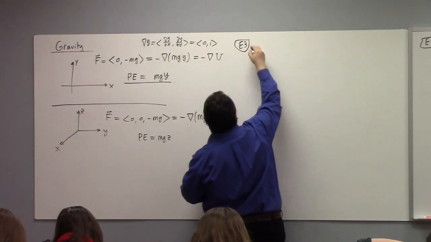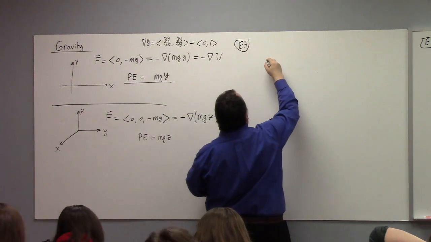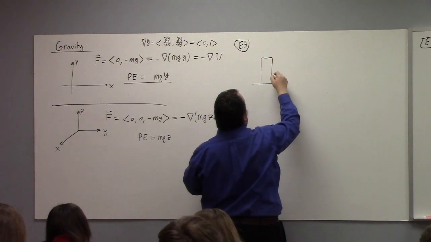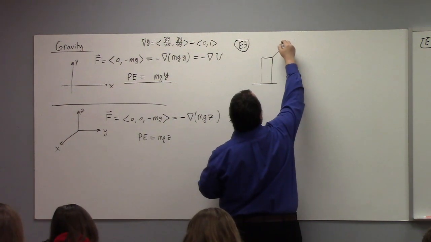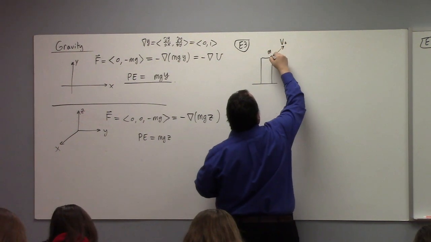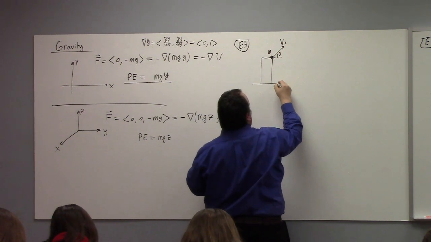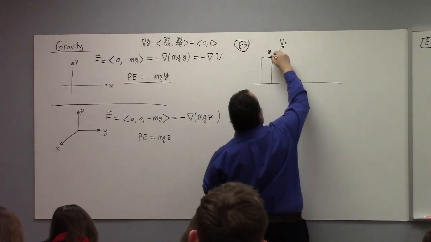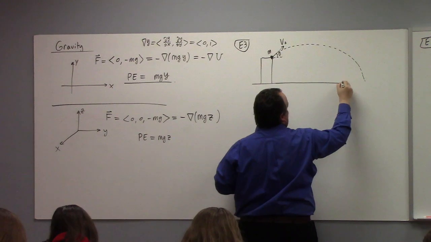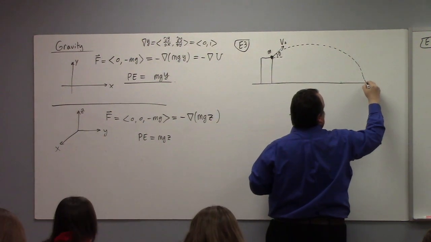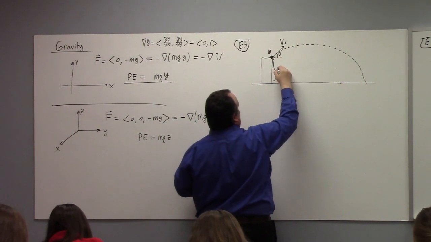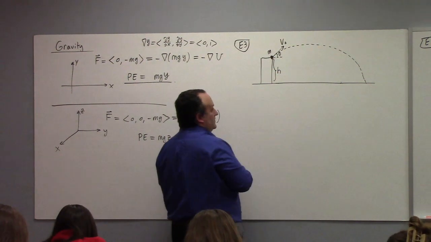So let's look at an example here. If I have a building and I shoot a cannonball here with mass m at speed v naught at angle theta, right? Then we go on some kind of trajectory over here, and then bammo, it hits the ground, right? And let's suppose that the height of this building is h.